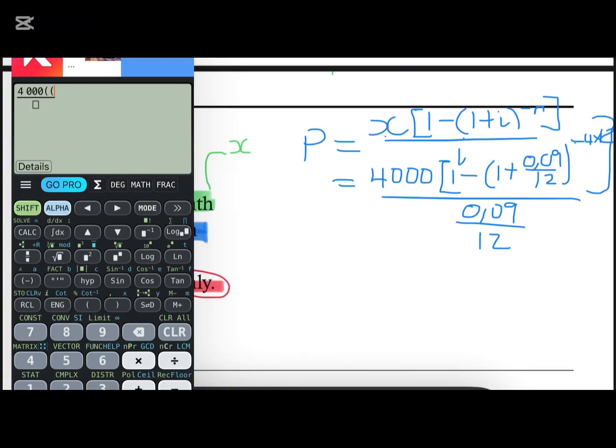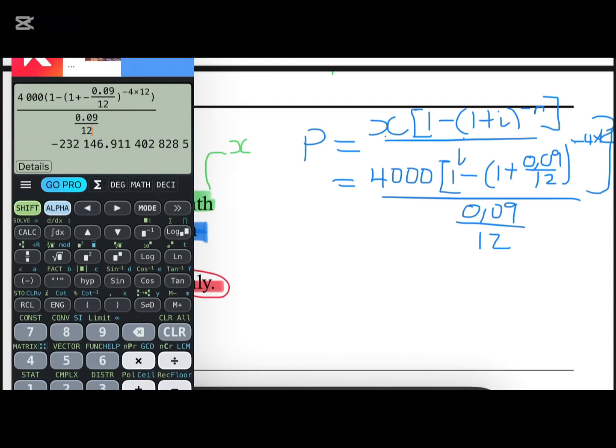So the present value in this case will be 4,000 into 1 subtract 1 plus 0.09 divided by 12 to the power negative 4 times 12. Then you close the bracket, and you have 0.09 divided by 12.